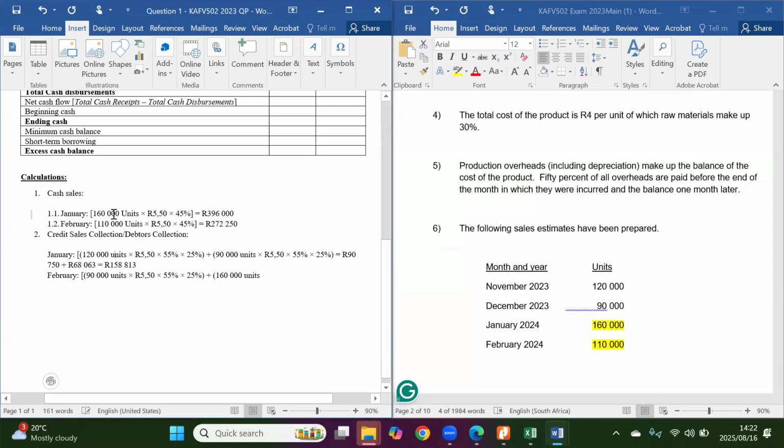I just want to make sure we have consistency. Now we take that and multiply it with the 5 rands 50, times 55% and times the 25%.